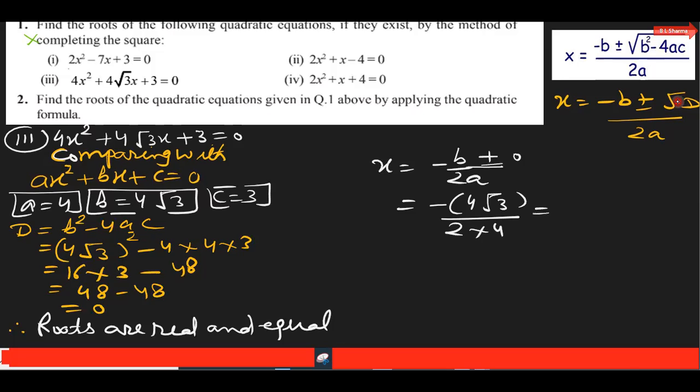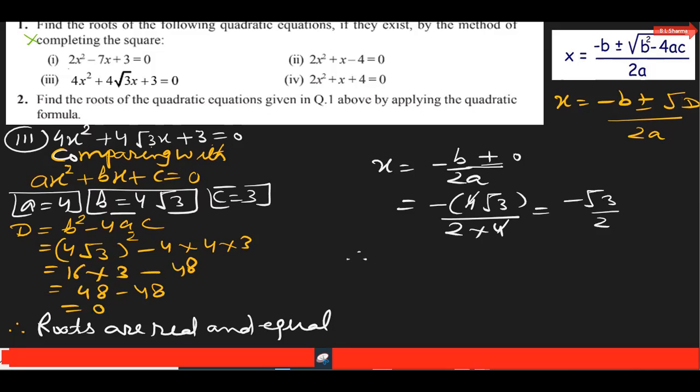So further we can write, you can also simplify. That is 4 is cancelled by 4, minus root 3 by 2.